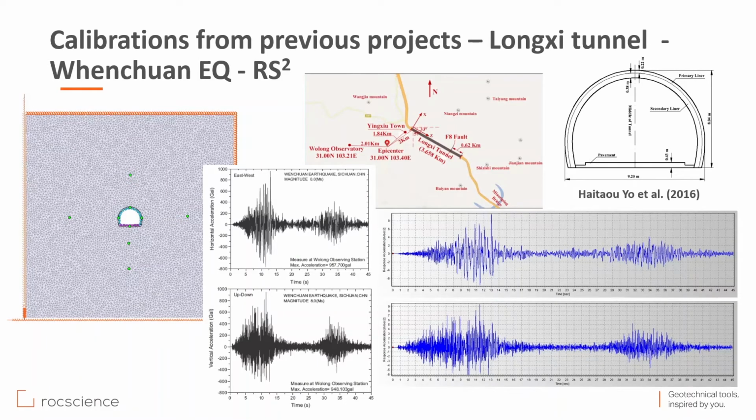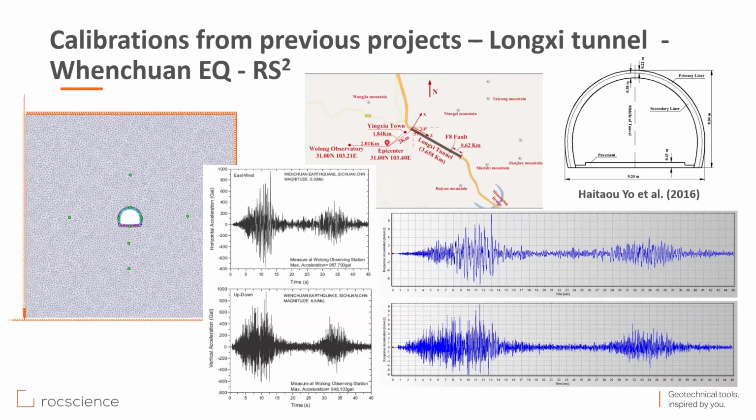The rock mass along the tunnel is organized into 3 classes based on the Chinese code, and based on this information and the rock mechanical laboratory information, we made a parameterization of our model.